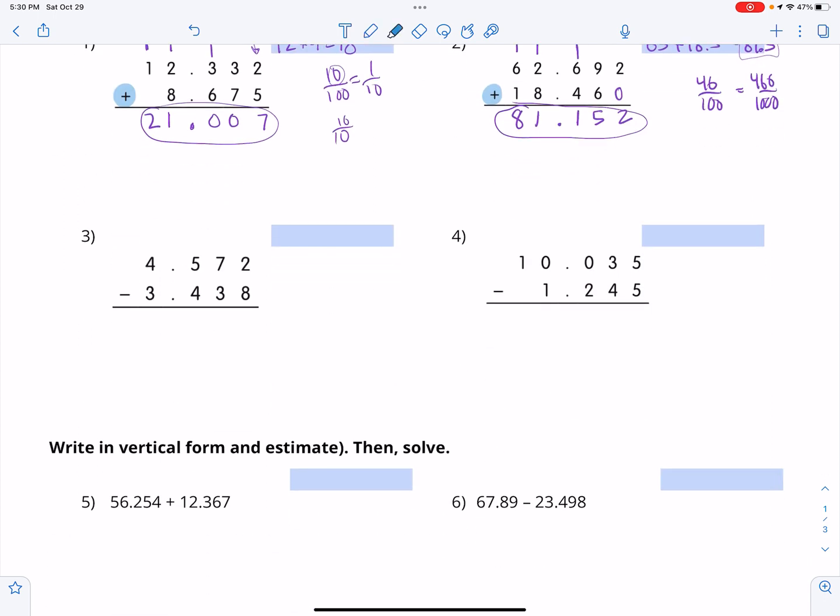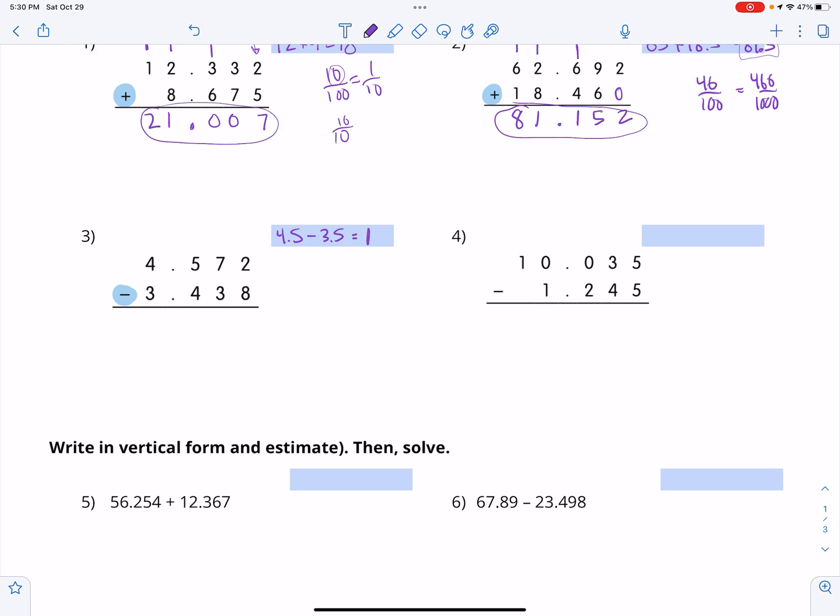Question 3 is subtraction. So I know 4 and 572 thousandths is pretty close to 4 and a half. 3 and 438 thousandths is close to 3 and a half. 4 and a half minus 3 and a half is 1. So I should be getting an answer close to 1.